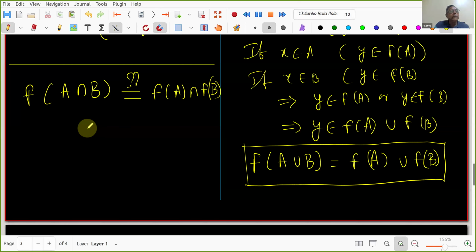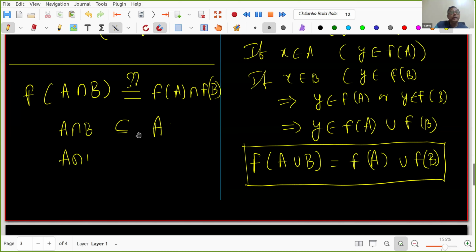So for the first one, we are going to prove that f of A intersection f of B is a subset of f of A intersection B. For that, from the definition of A intersection B, we can say that A intersection B is a subset of A. Yeah, we'll write separately. A intersection B is a subset of B. Okay, next what? Good.